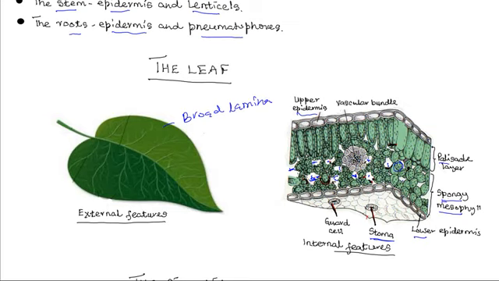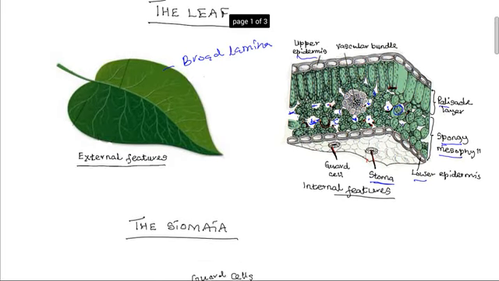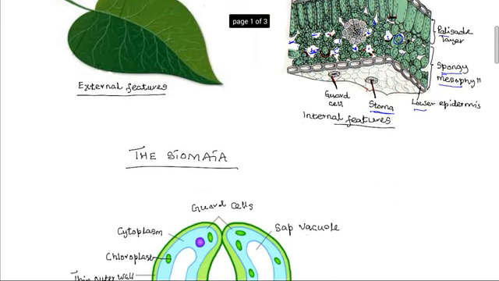The moist surface enhances diffusion in that gases diffuse in solution form. And also, the walls of these mesophyll cells are relatively thin for faster diffusion of gases into and out of the cells. Now, we look at the structure and function of the stomata.